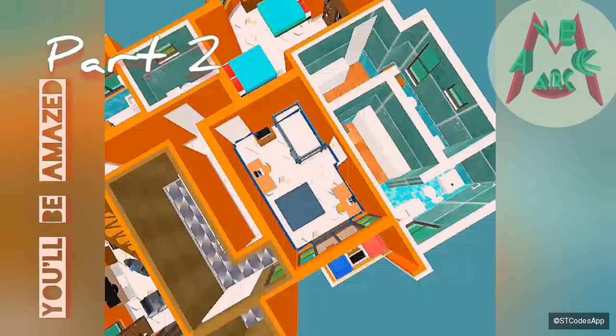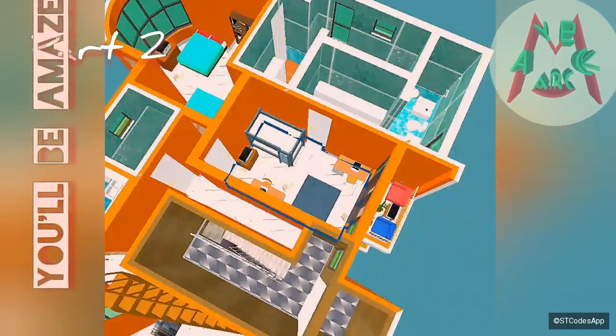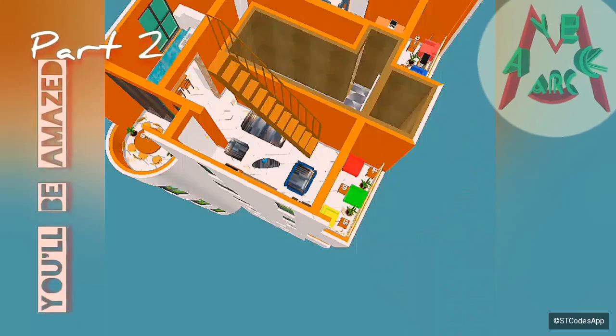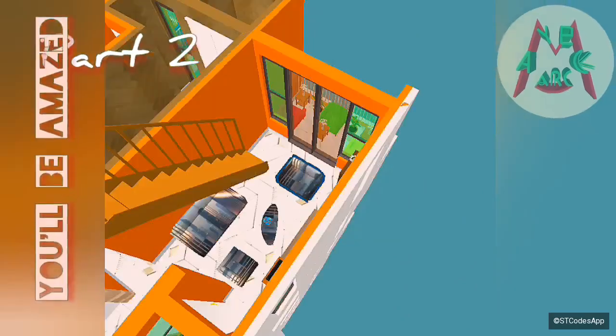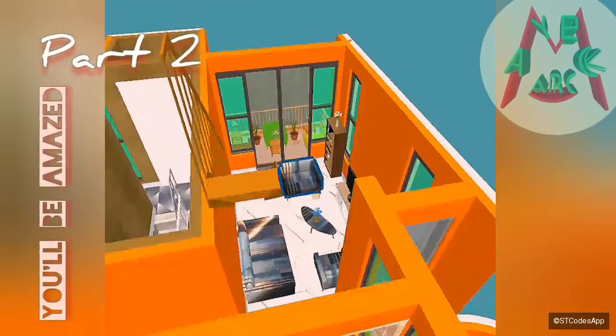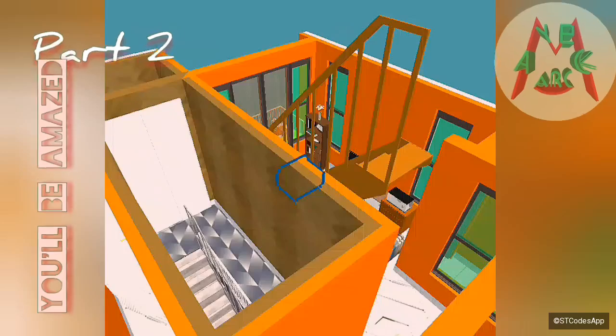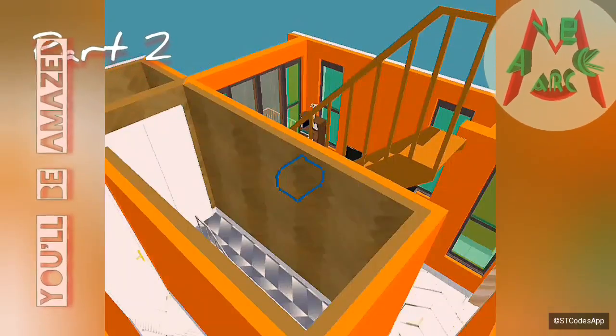We start with its own living room. This is the entry door.